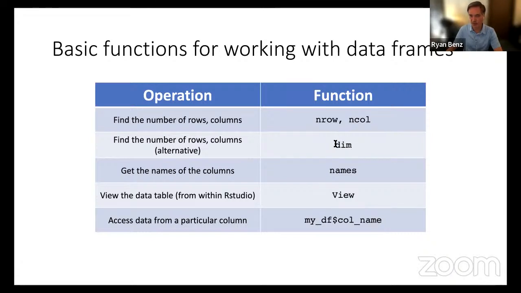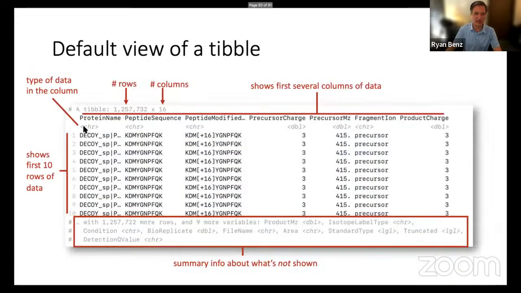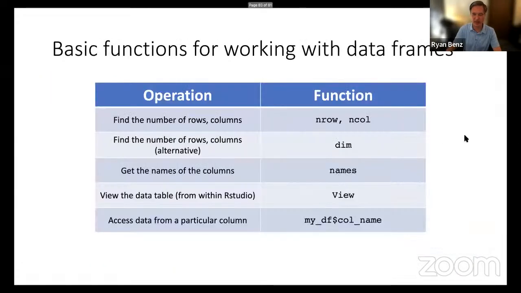Remember, you can put a question mark in the R console followed by the name of the function and hit return, and you'll get the help documentation about that. If we want to get all the names of the columns in our table, you can use the names function. I'll show this really cool thing called view, which will give us effectively an interactive table that we can use to look at our data.